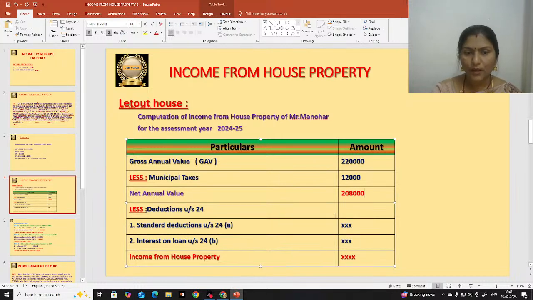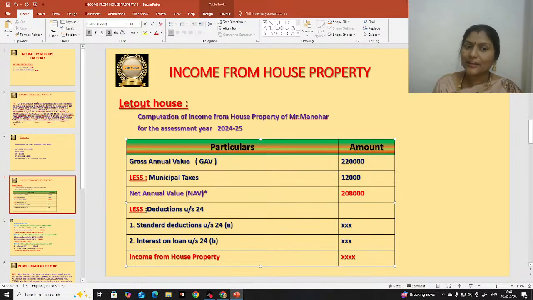Next, after this, what we have to do is name the 2,08,000. What name are we going to give for that? Net annual value, short form NAV. The amount we get here should be named as net annual value. So 2,08,000 is known as net annual value, NAV.